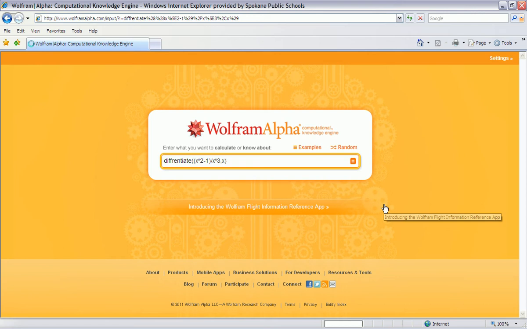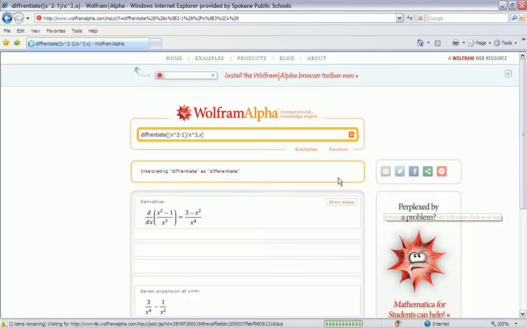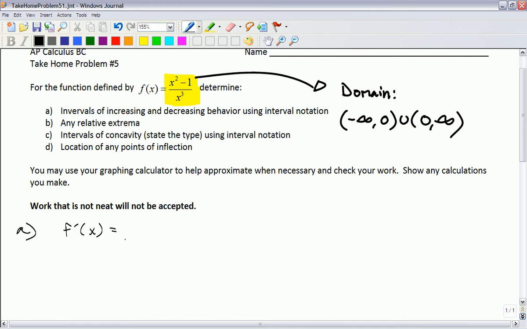Still thinking. Come on. So I might have to, we certainly could do it by hand, but there we go. Okay, so 3 minus x squared over x to the fourth.